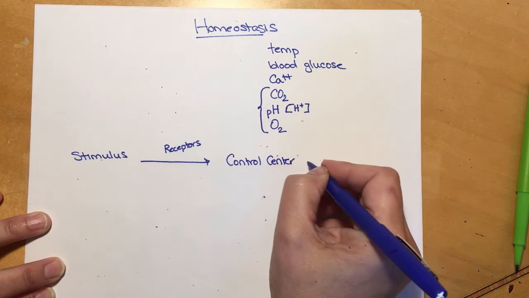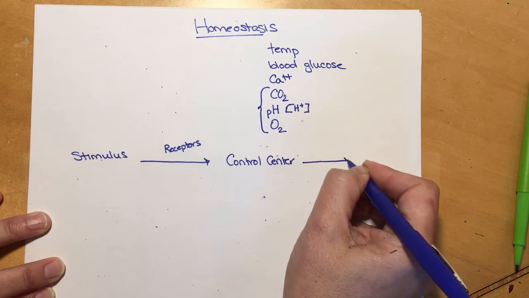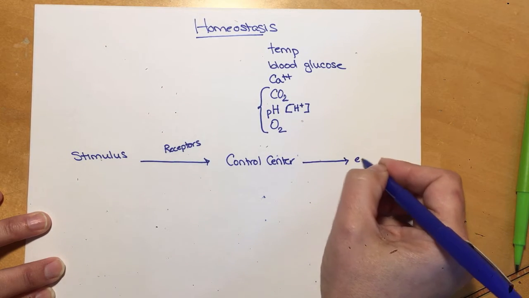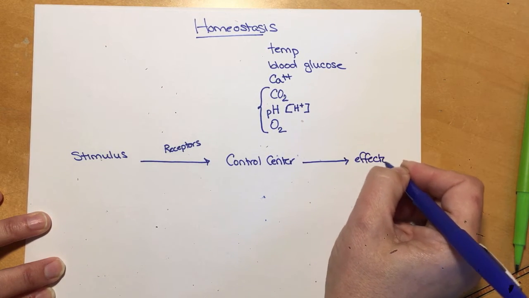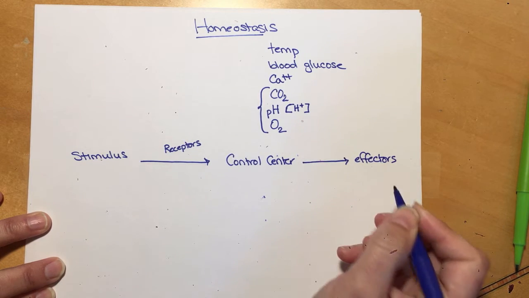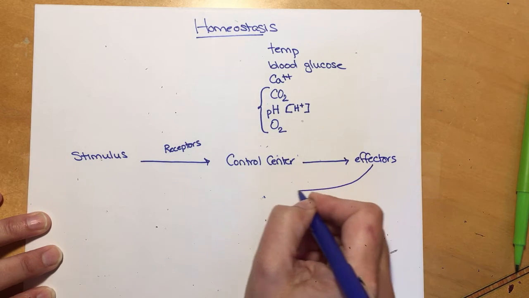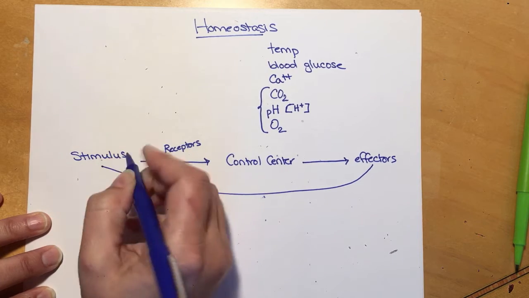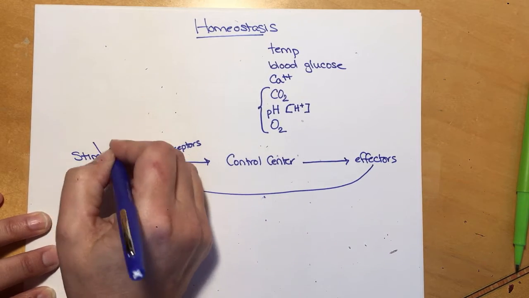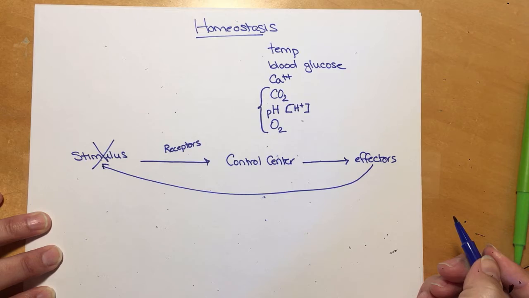The control center would then attempt to fix the problem by telling some kind of effector to do something. And the hope is that if you had a negative feedback system, the effectors would go back and get rid of that initial stimulus.